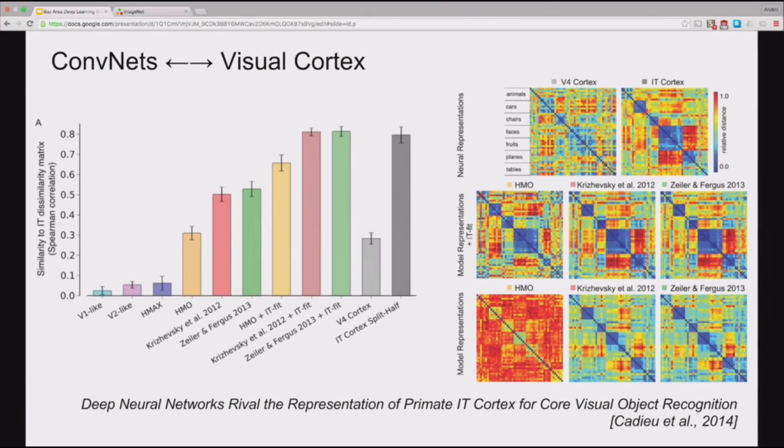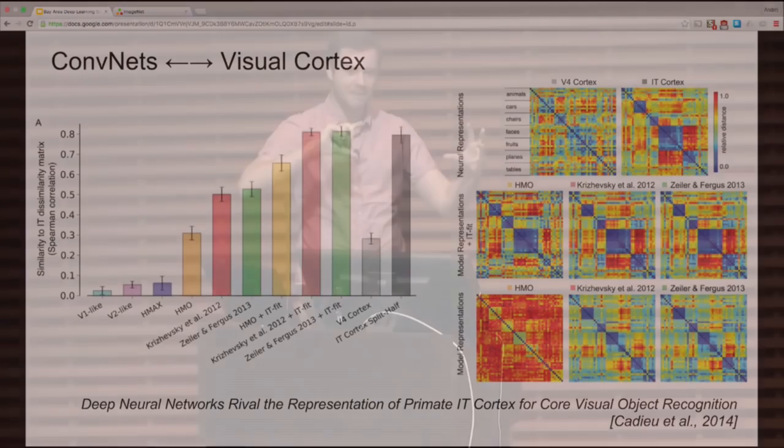This is the part that does a lot of object recognition. So they take a monkey and they take a ConvNet, and they show them images, and then you look at how those images are represented at the end of this network, so inside the monkey's brain or on top of your convolutional network. You look at representations of different images, and it turns out that there's a mapping between those two spaces that seems to indicate to some extent that some of the things we're doing somehow ended up converging to something that the brain could be doing as well in the visual cortex.